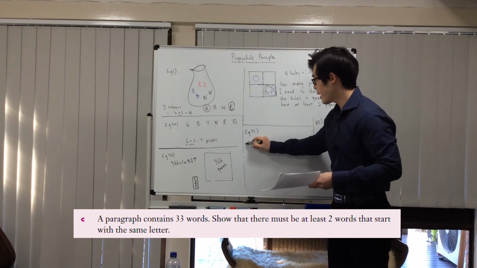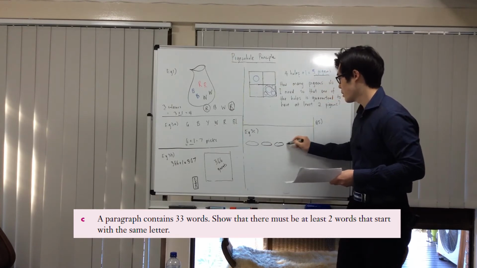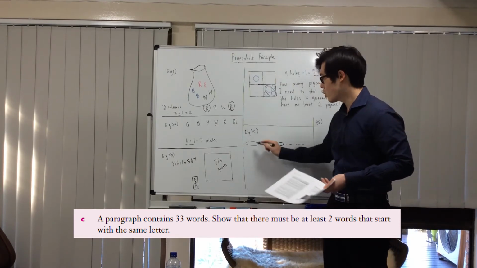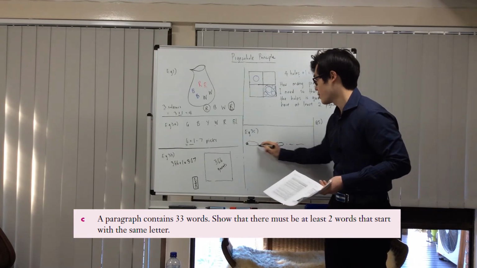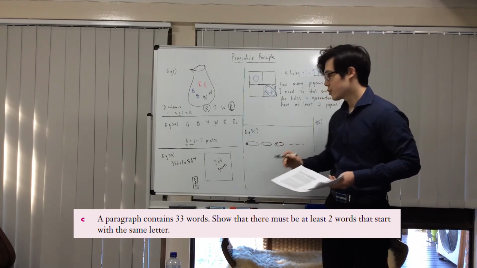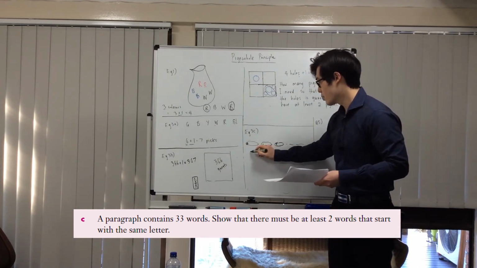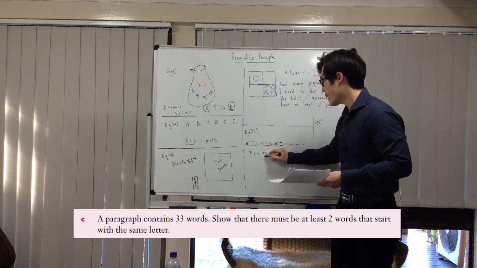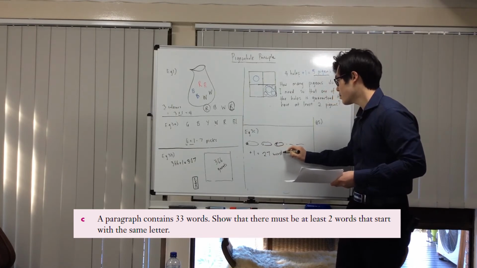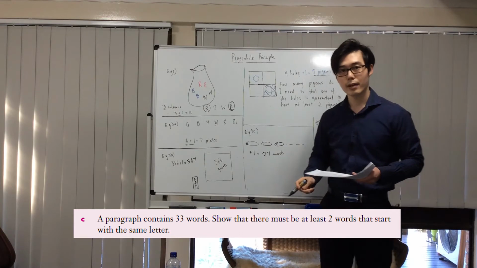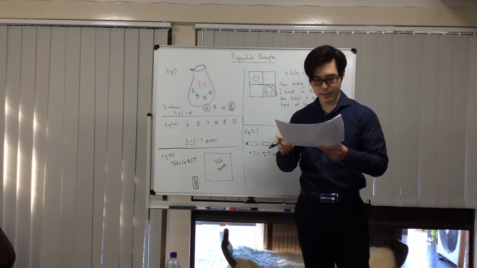So if I have 26 words in a paragraph, worst case scenario, every single one of these words starts with a different letter. So if I've exhausted all that, anything more than 26 words, so plus 1, if I have 27 words, I am guaranteed to have at least 2 words that start with the same letter. Hope that makes sense.